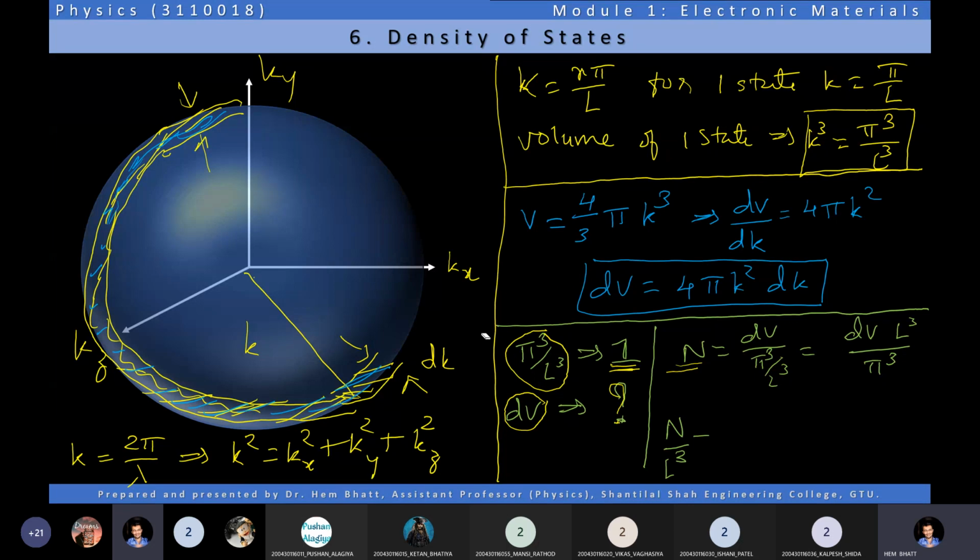So n by L cube is 4 pi k square dk upon pi cube. That is 4 k square dk upon pi square. Write down this n by L cube in your notebook.